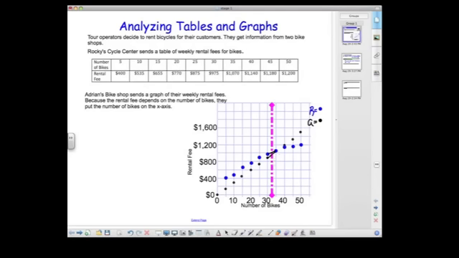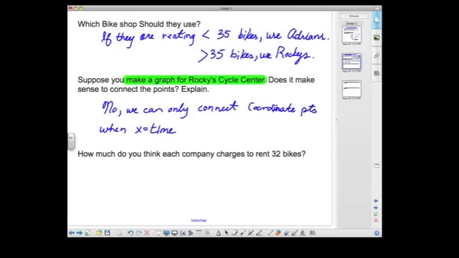So we are kind of plotting those two new points, one being Rocky's data that's about $1,000 and one being Adrian's data that's about $900, maybe $950. So we can go ahead and write our answers down underneath that question.